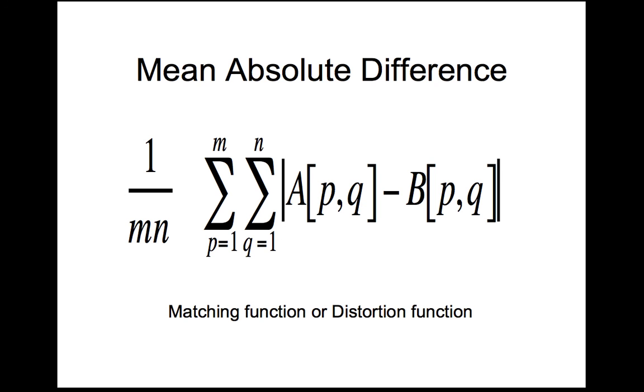Basically, you take the first pixel in the target block and the first pixel in the candidate block, subtract the value of one from the other, and then take the absolute value. So if it was -7 or +7, it gives you 7. Then you add up all of those differences over all of the blocks, and that gives you a score. That's all this says in math speak.